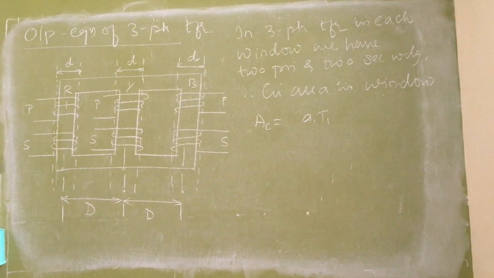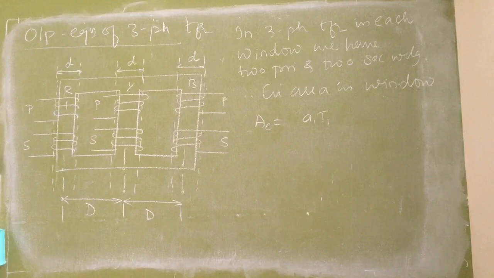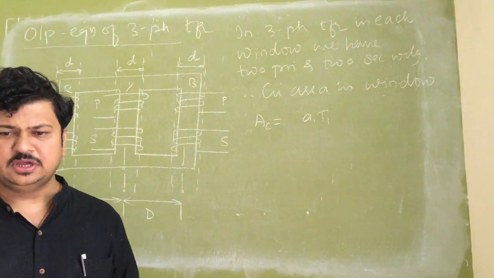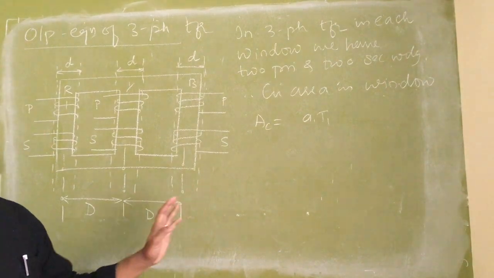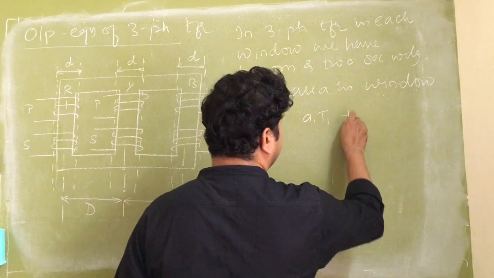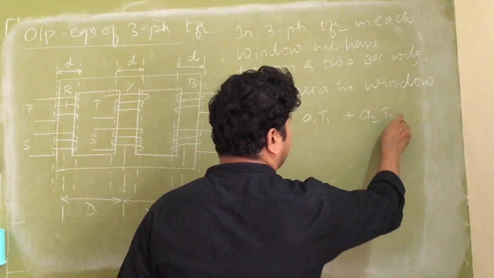Okay. Generally when it is asked to find the output equation of transformer, if it is not mentioned whether single phase or 3 phase, you should be deriving it for both single phase as well as 3 phase. So A1 T1 plus A2 T2.